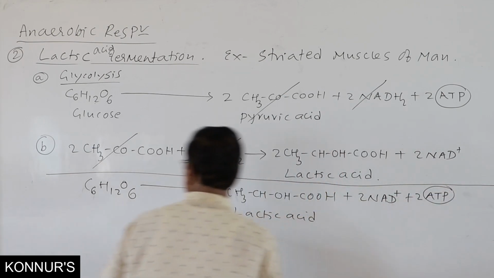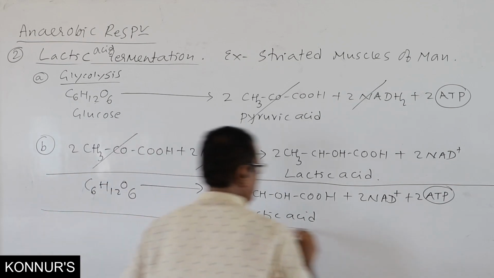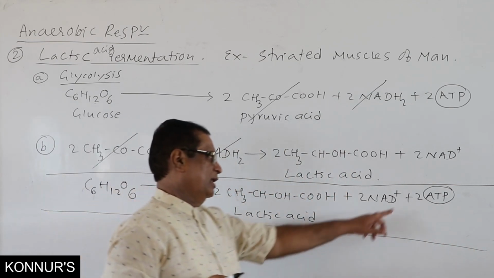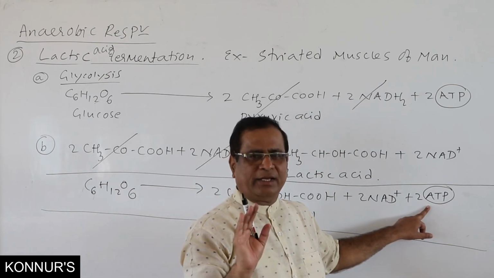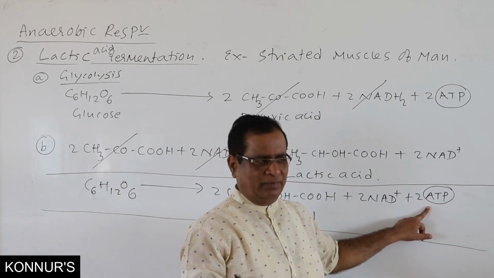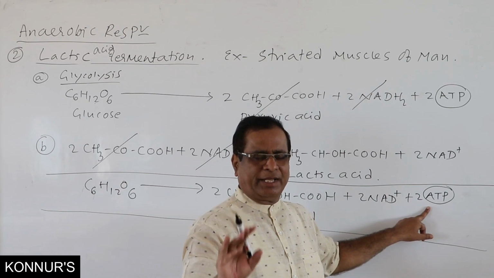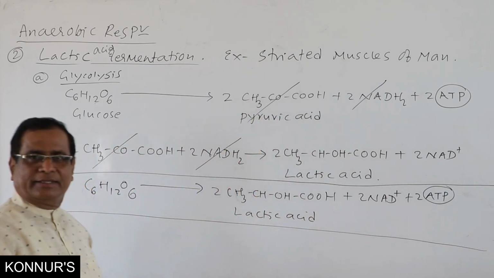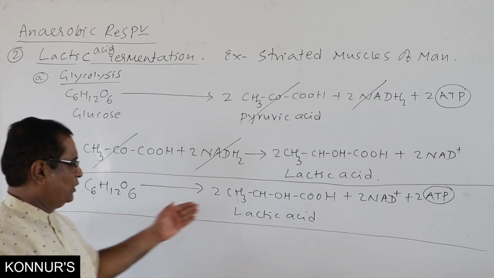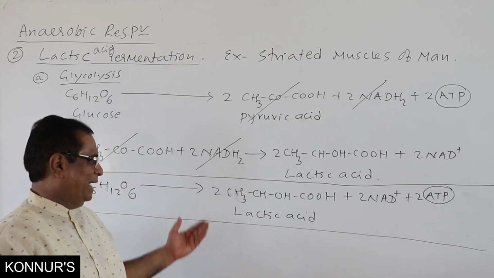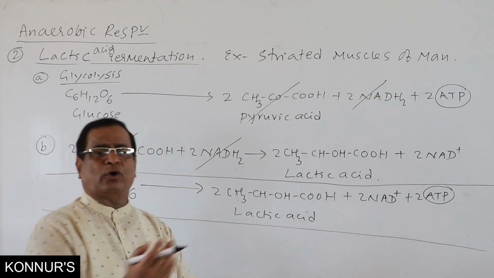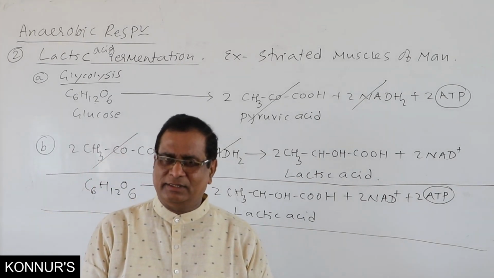Whether it is alcoholic fermentation or lactic acid fermentation, the net gain of energy is 2 ATP only. It means in anaerobic respiration, the net gain of energy is 2 ATPs. From glucose, 2 molecules of lactic acid are formed in our striated muscles.